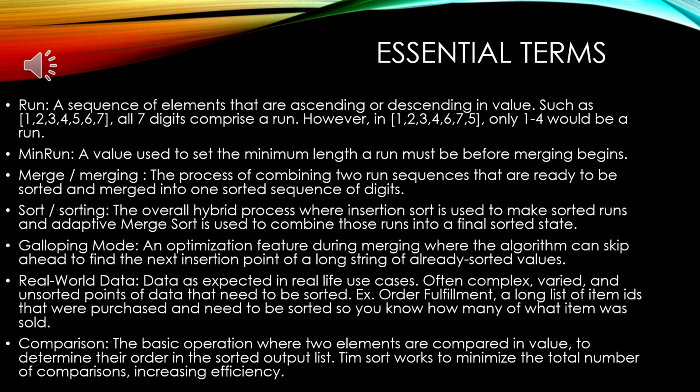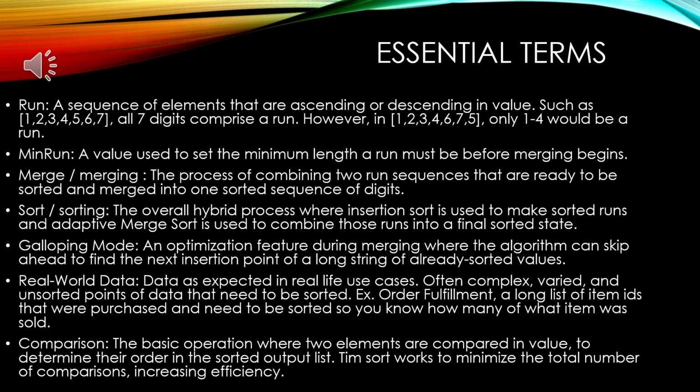So instead of checking one by one, because it's already checked 7 in a row that were already sorted, it turned on galloping mode, and now it's going to start rapidly skipping ahead to see if it can save time by skipping these checks and assuming that it's just going to keep giving you runs. This saves a lot of time whenever you have pre-sorted data. It gives you a huge speed boost if you have pre-sorted data.